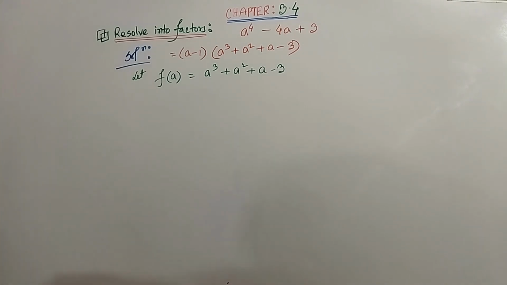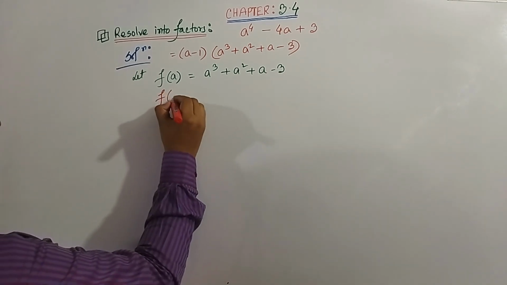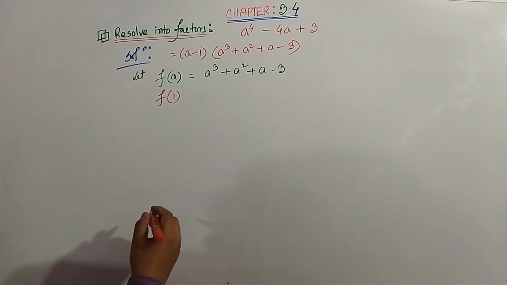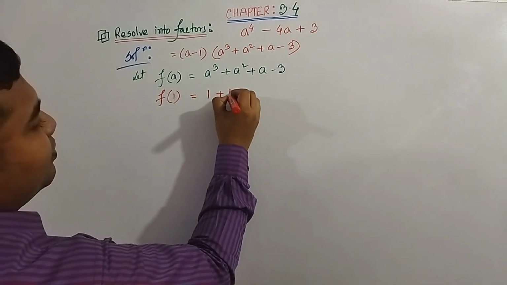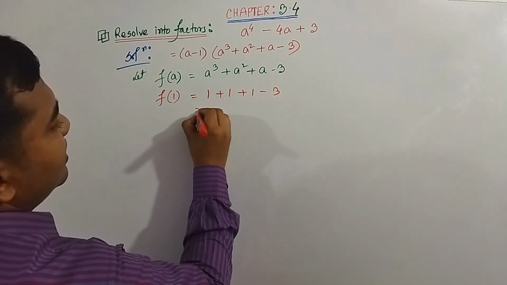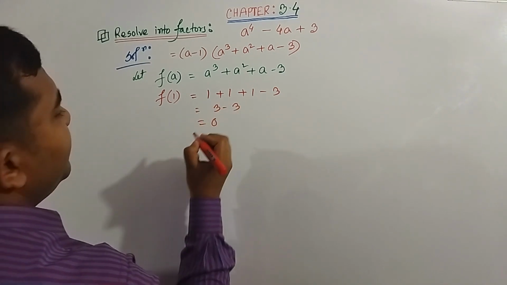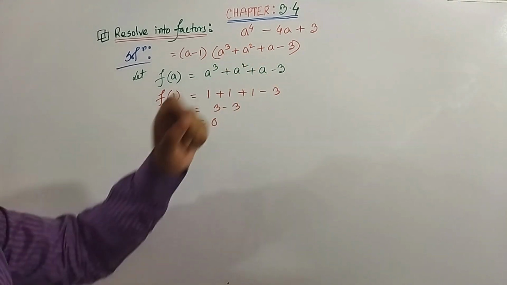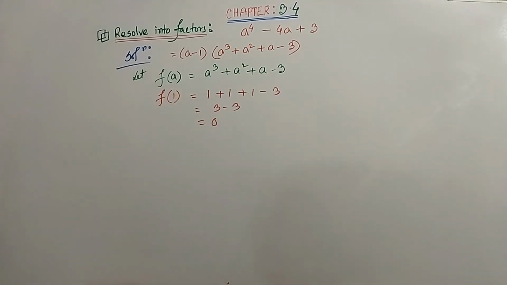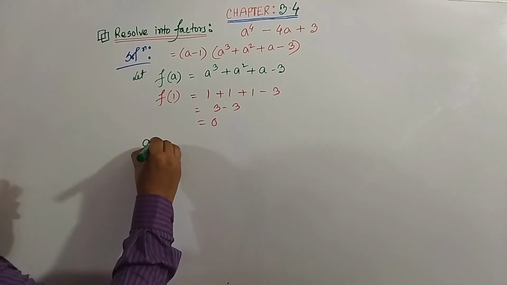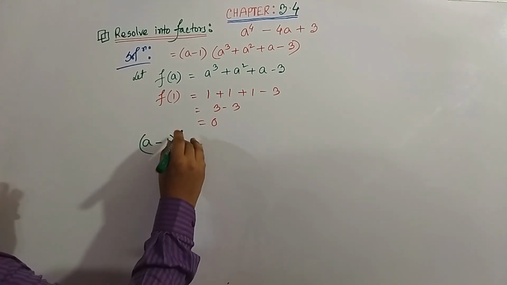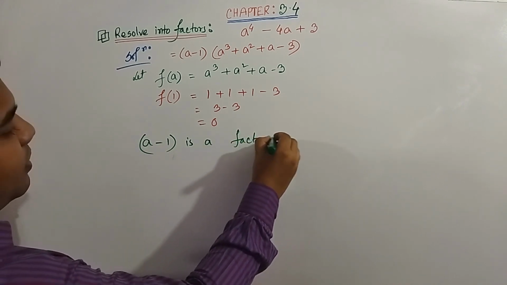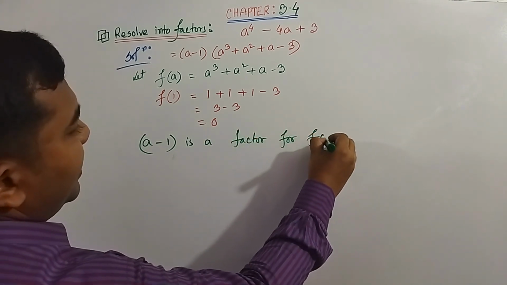But fortunately, if we put in the value 1 for a, we get 1 plus 1 plus 1 minus 3, that is 3 minus 3, then 0 will be found. So what will be our factors? The factors should be variable minus value, that is a minus 1 is a factor for f of a.